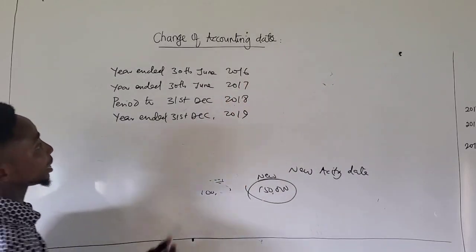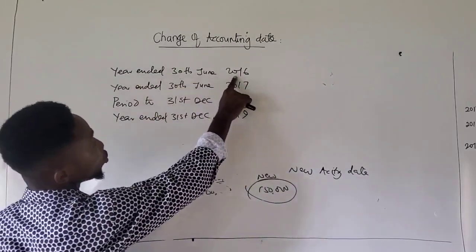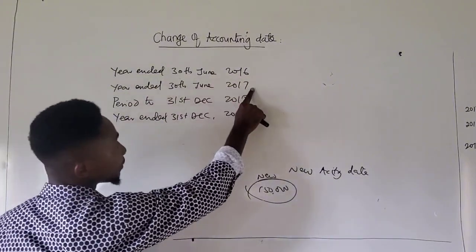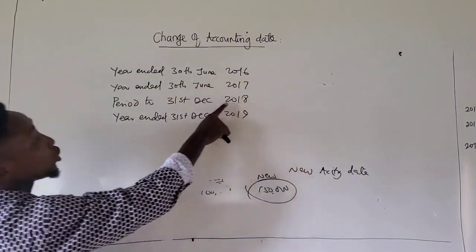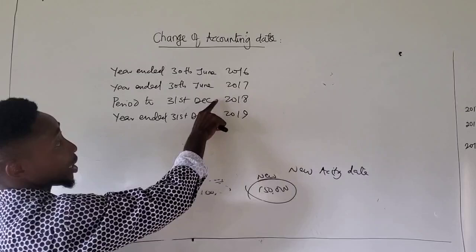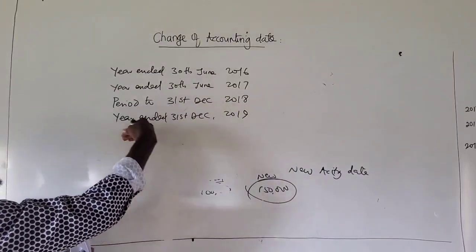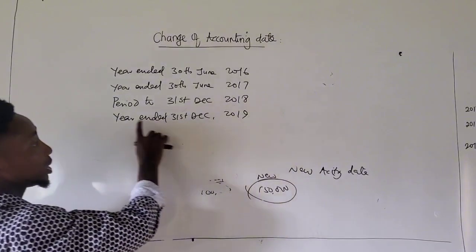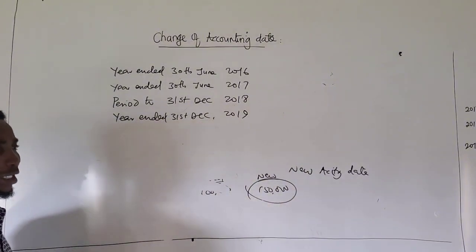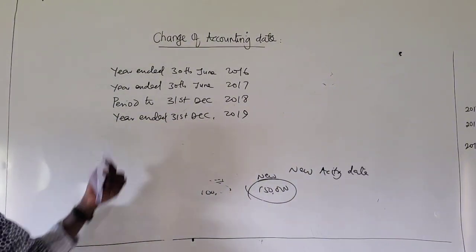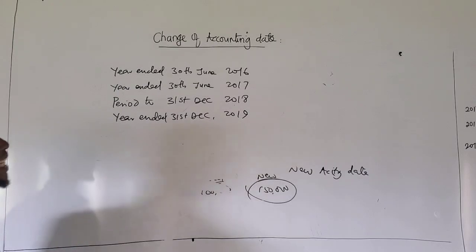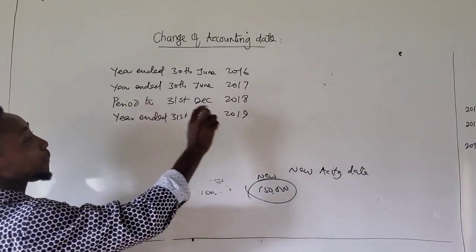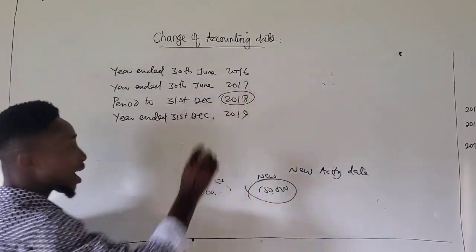But for this particular case, they made up accounts 30th June 2016, 30th June 2017. Then in 2018, they did not end their accounts in June. They extended to December. They changed to December in 2018. So if you want to practically identify the year they failed to make up accounts, the year they failed to make up accounts is 2018. How?